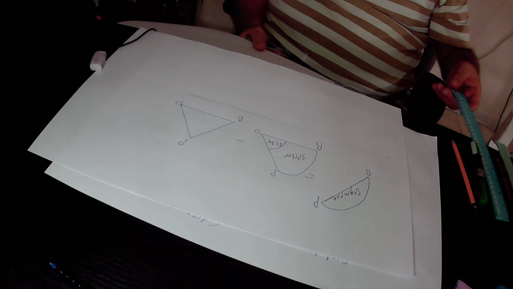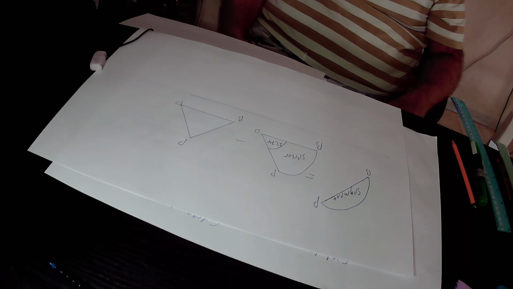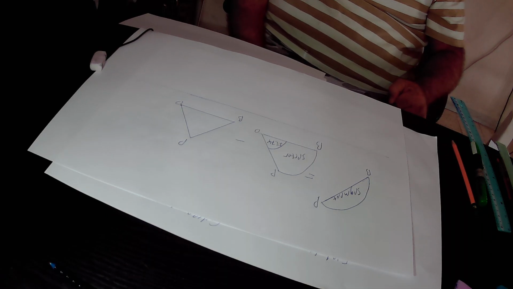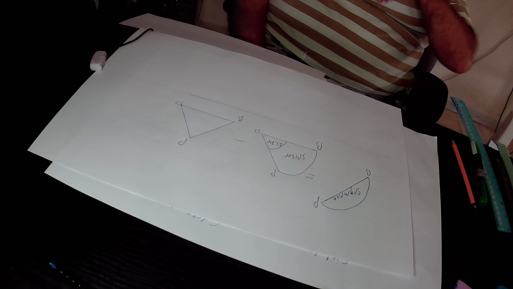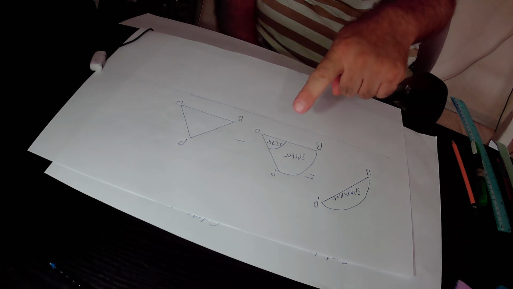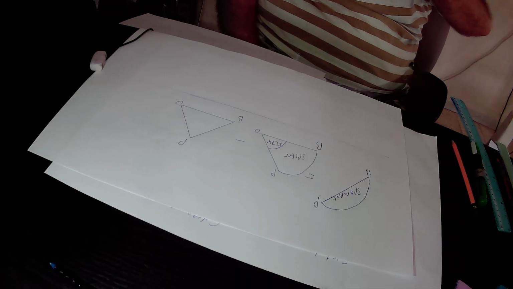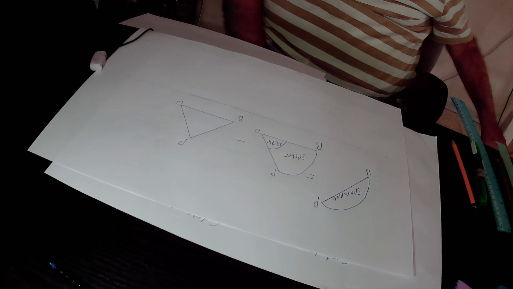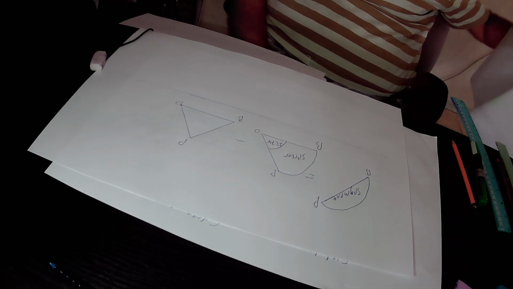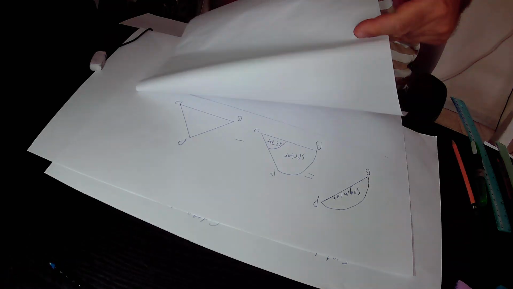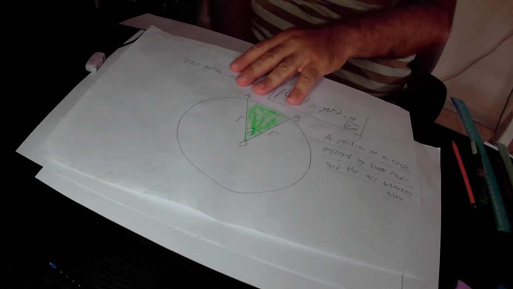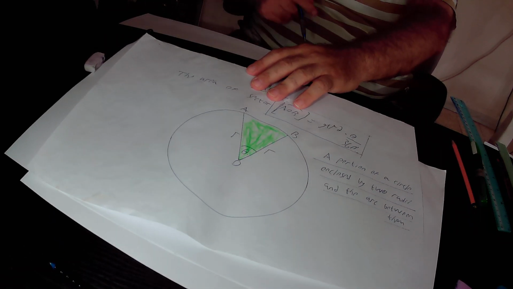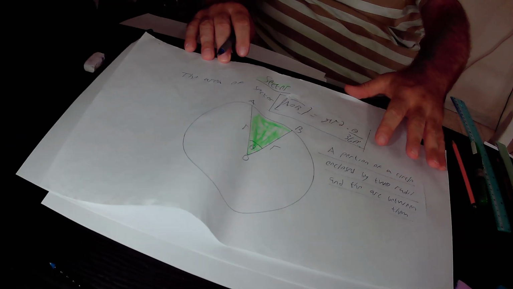So what is a sector? A sector is a portion of a circle with two radii and the arc between them. The green shape AOB is a sector.